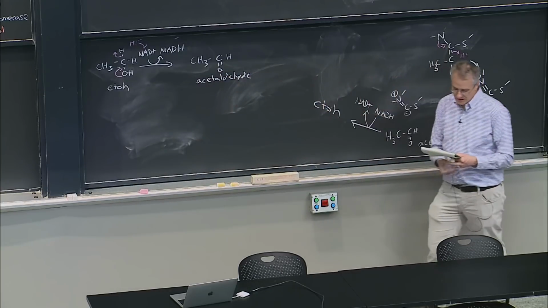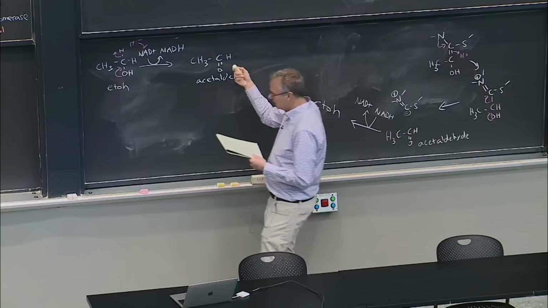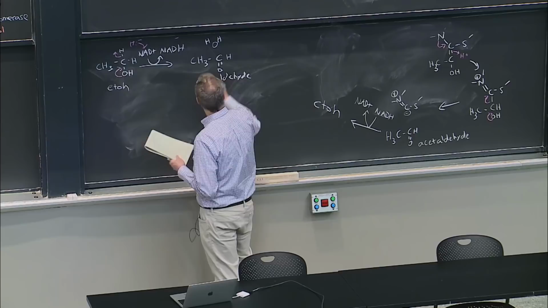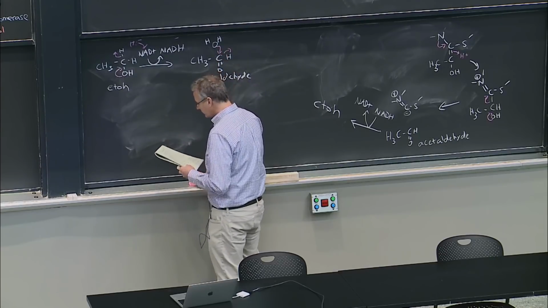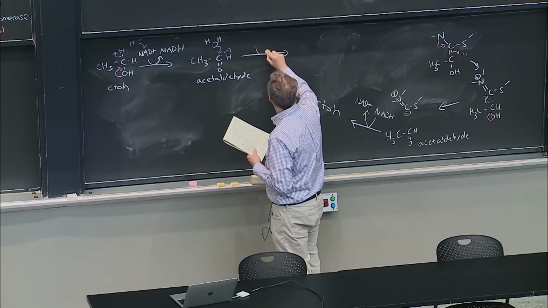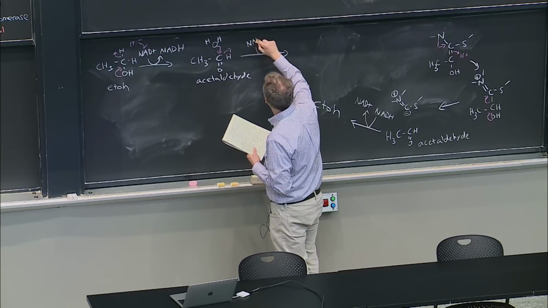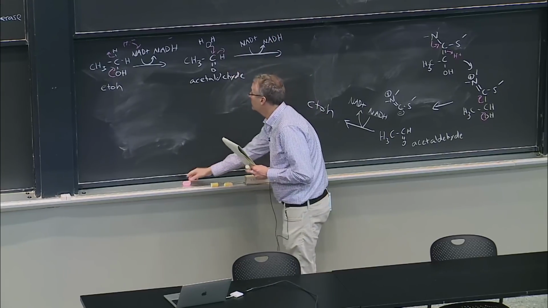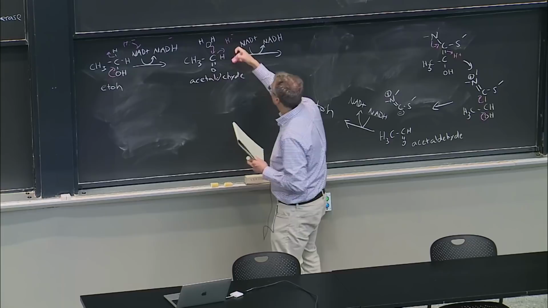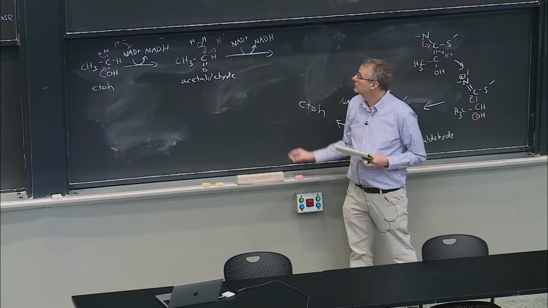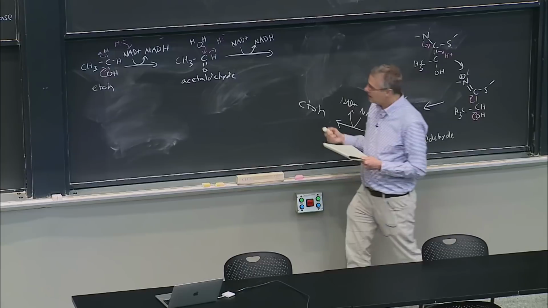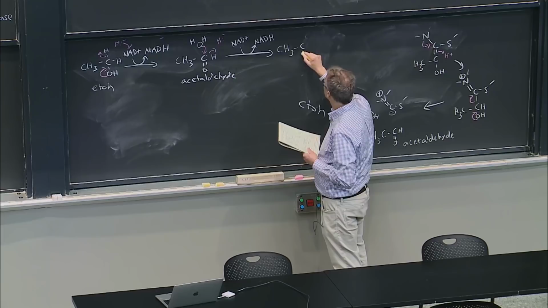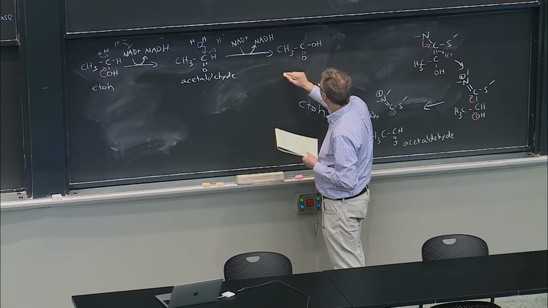And this can then be further oxidized, that aldehyde to the acid. So here again, 2 electrons from the hydride ion can reduce NAD+ to NADH, and that, in the process, oxidizes the aldehyde to the acid.